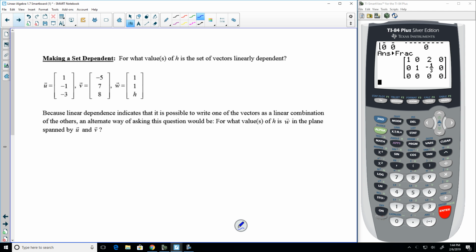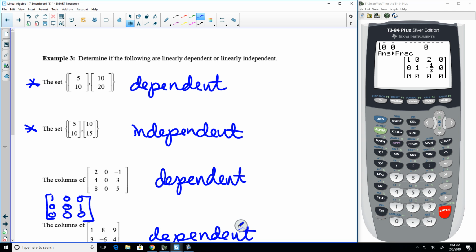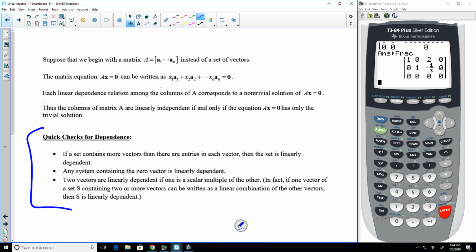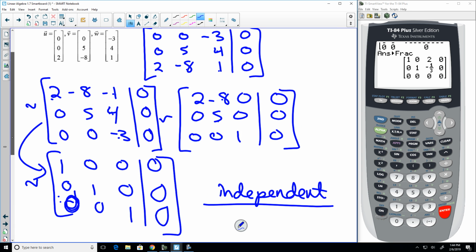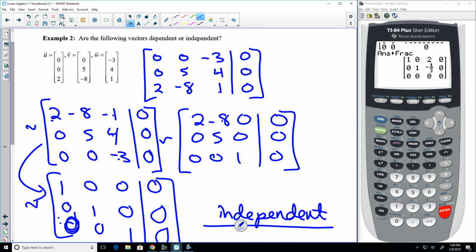Then how come for example 2 there's more columns than rows, but for example 1 there's the same amount and it was no? I'm talking about previously. Isn't there 4 columns? No, in the coefficient matrix, not with the augmented form.